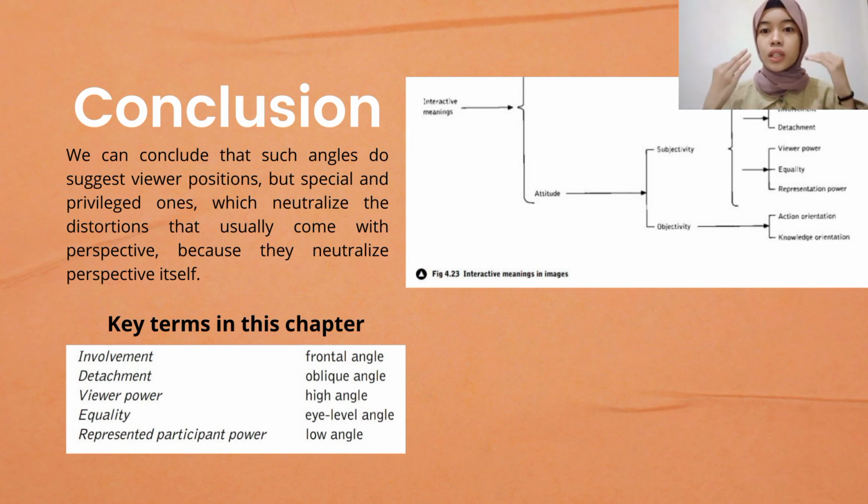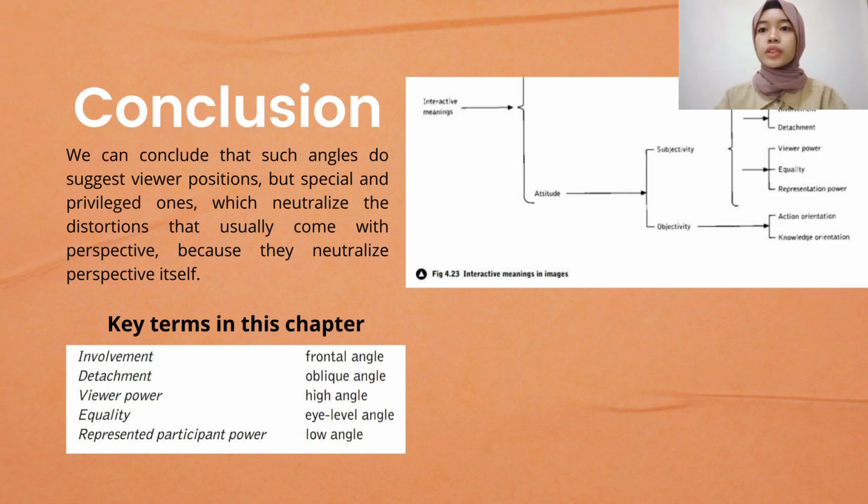Meanwhile, a visual perspective that has an oblique angle has a sense of detachment. When the angle is high, it indicates viewer power, and when it has the eye level angle, it represents equality, but when it has the low angle, it represents participant power.